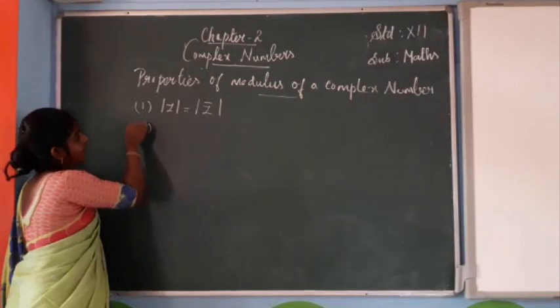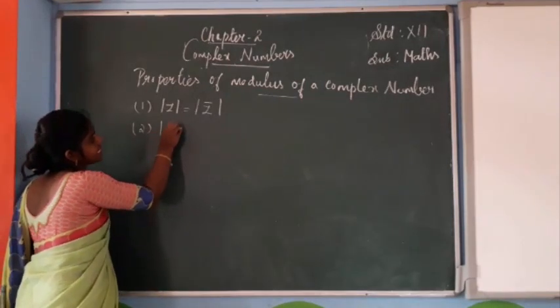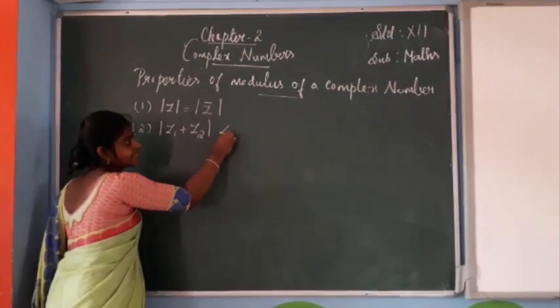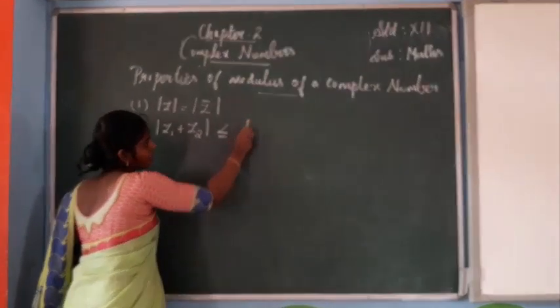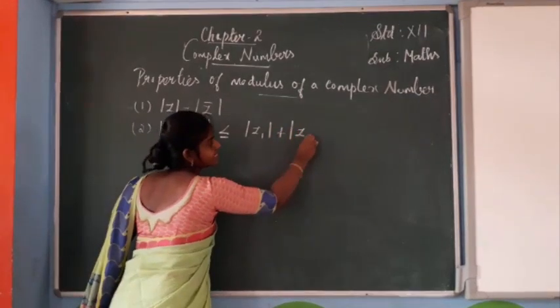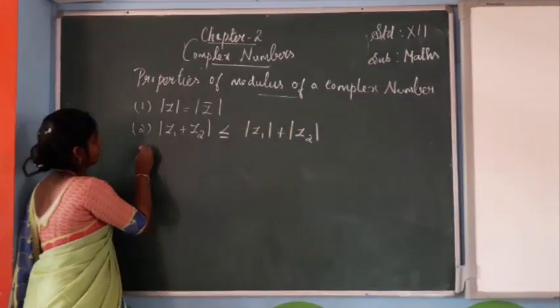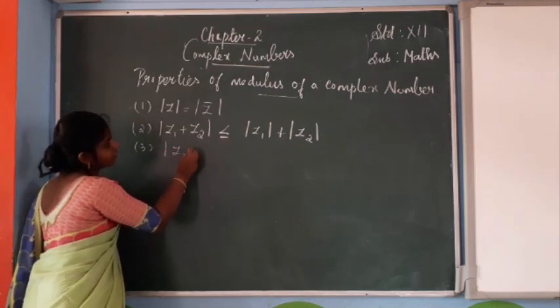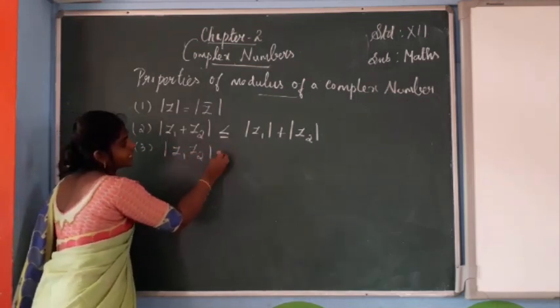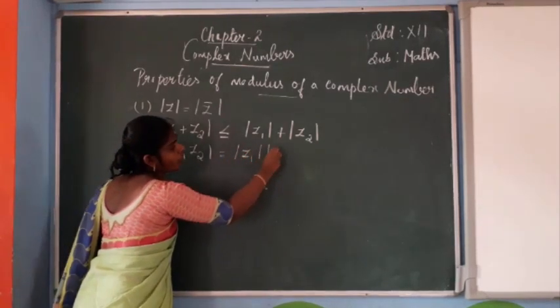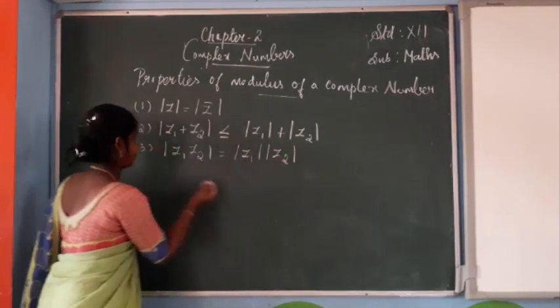Second one, modulus z1 plus z2 is less than or equal to modulus z1 plus modulus z2. Third one, modulus z1 into z2 is equal to modulus z1 into modulus z2.